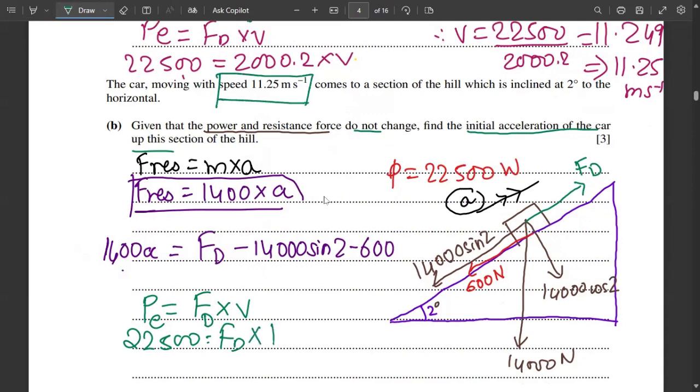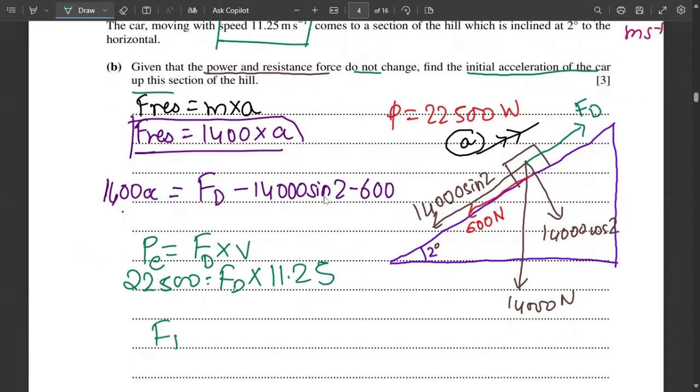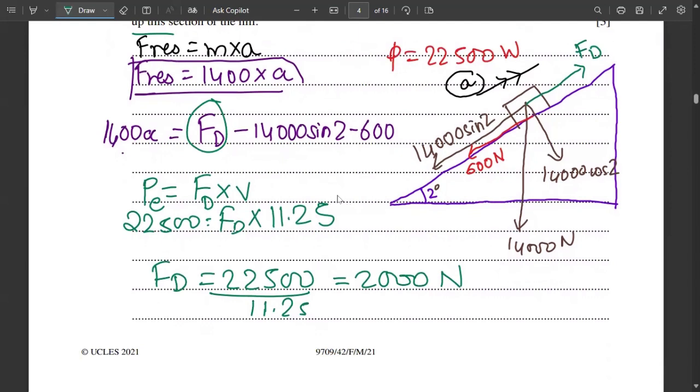So this V can be written as 11.25. So by this we can find the driving force. The driving force will be 22500 upon 11.25. And if I put that in my calculator, 22500 upon 11.25 will be 2000. So the driving force remains 2000 Newton. So right here, instead of FD, I can write 2000 Newton.